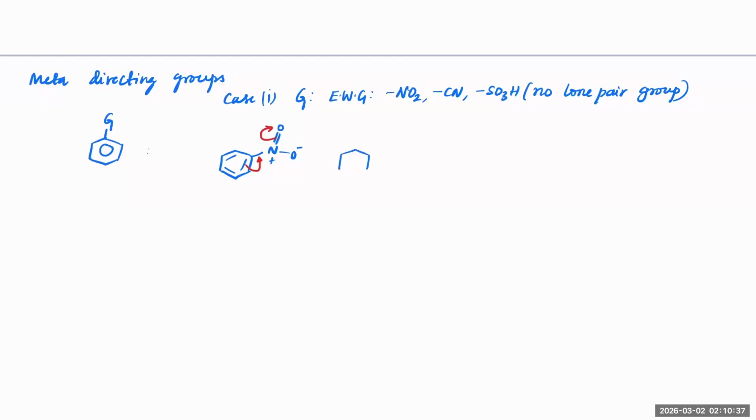So what do we get? We will get a double bond character here with O minus, and a plus charge will be there. This structure repeats 3 times. First it will get a negative charge here, double bond, double bond. Again, this lone pair can move here, pi bond can move here.